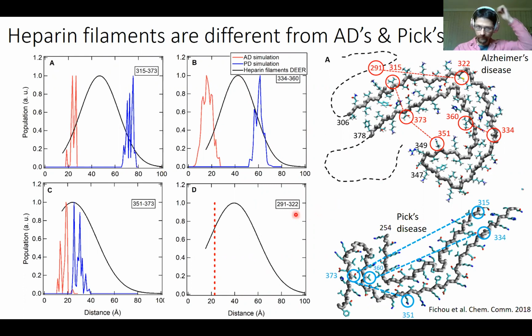What you can see pretty clearly here is that those heparin filaments are actually very far from having the same structure as what you have in the brain. In addition to that, you see that those heparin filaments are heterogeneous because of the width of your Gaussians, which are usually pretty broad.